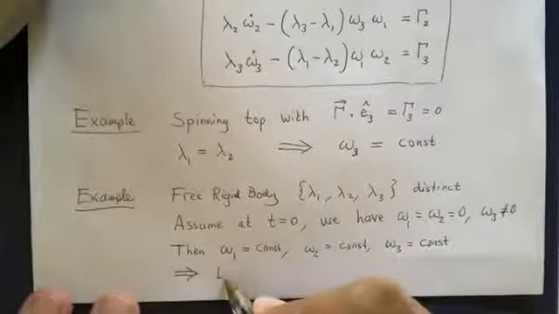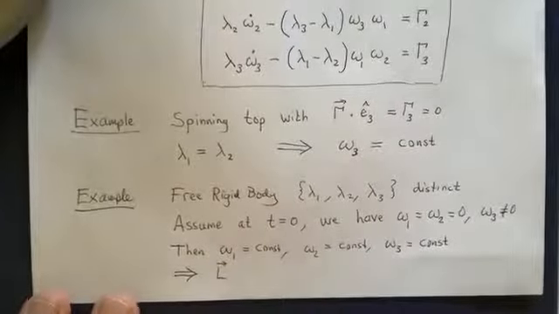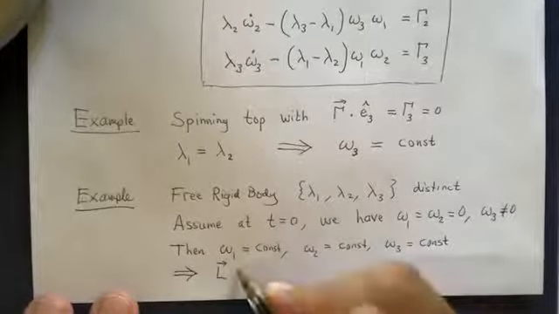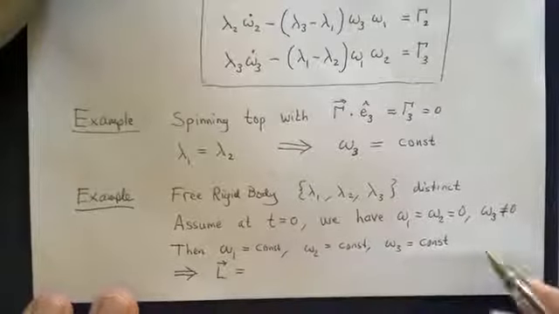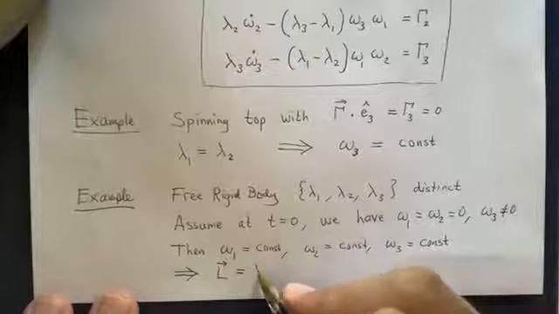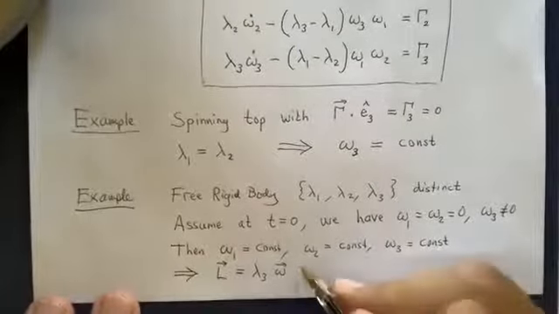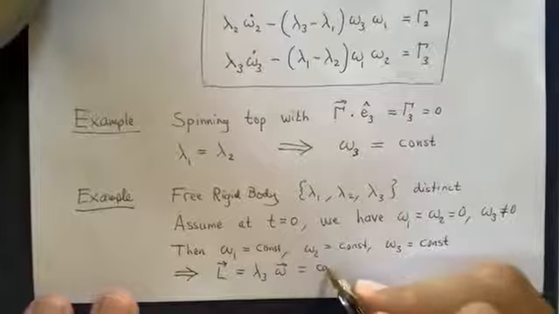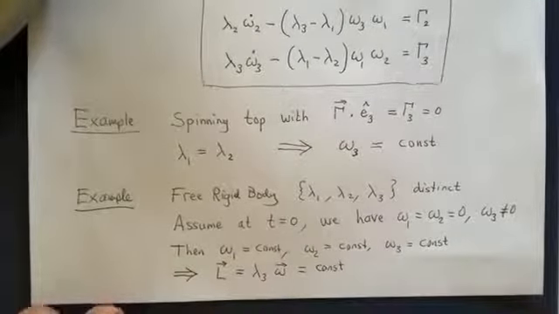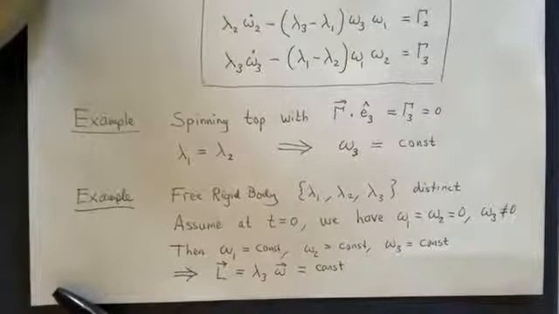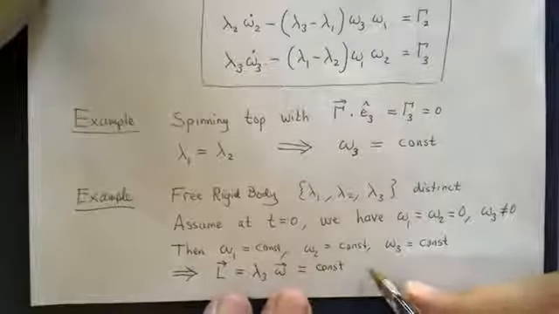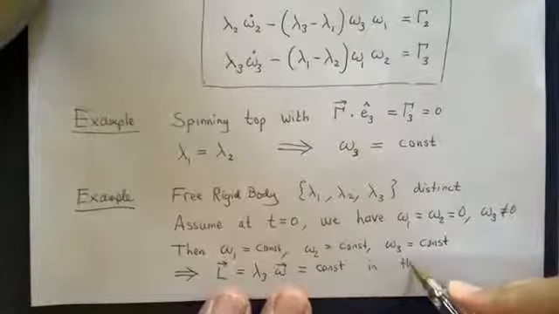Notice the angular momentum vector. In this case, it's a constant, and we know it's this constant here, lambda 3, right? Omega vector. This is constant. Okay, so this is in the body frame. Let's emphasize in the body frame.